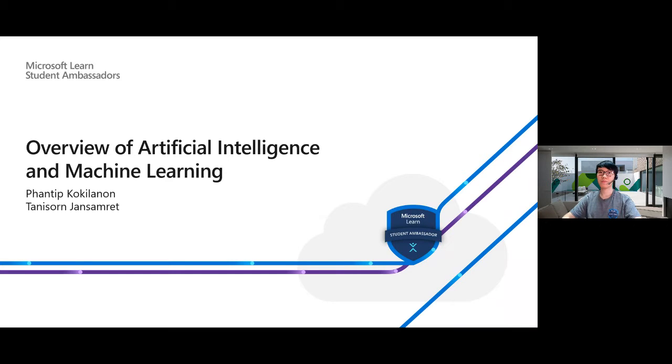Tanisorn, who will be speaking later for the second half of this presentation, is also a Gold Microsoft Learn Student Ambassador, AWS Next Gen intern at Amazon Web Services, Azure Musketeer, and SIT student at Thammasat University. This evening, they will be presenting an overview of artificial intelligence and machine learning.